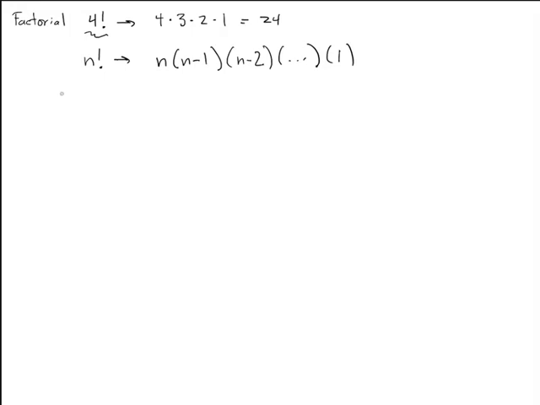Well, there are 3 basic base cases, actually. The factorial needs to be positive. It has to be greater than or equal to 0 is the technical definition, because the factorial of 0, I believe, is 1. Factorial of 1 is also equal to 1.